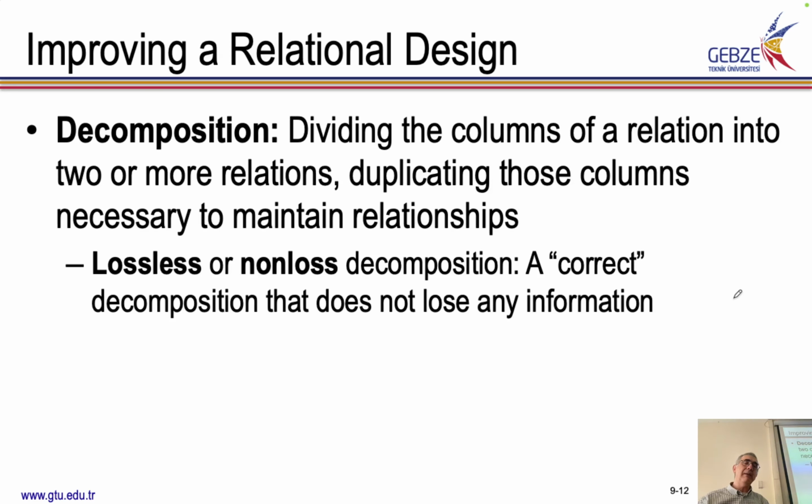That is what we call decomposition. Dividing the columns of a relation into two or more relations, duplicating those columns necessary to maintain relationships. So decomposition is trying to go down to the primitive correspondences. Like student.